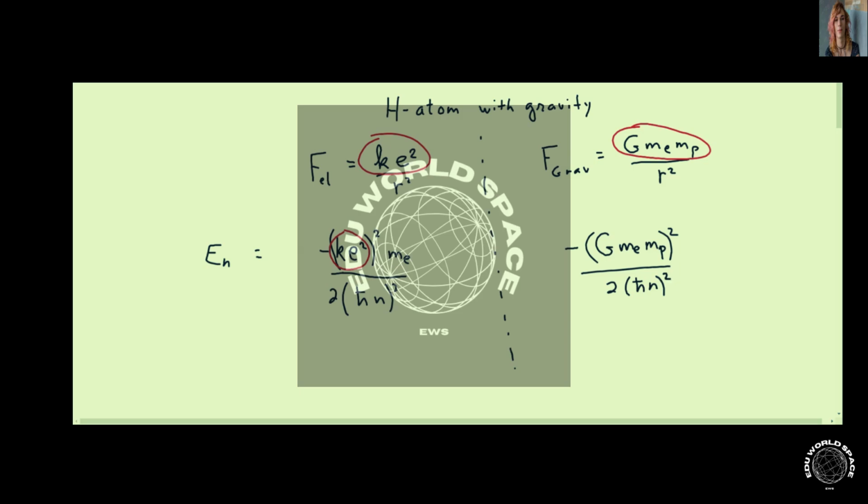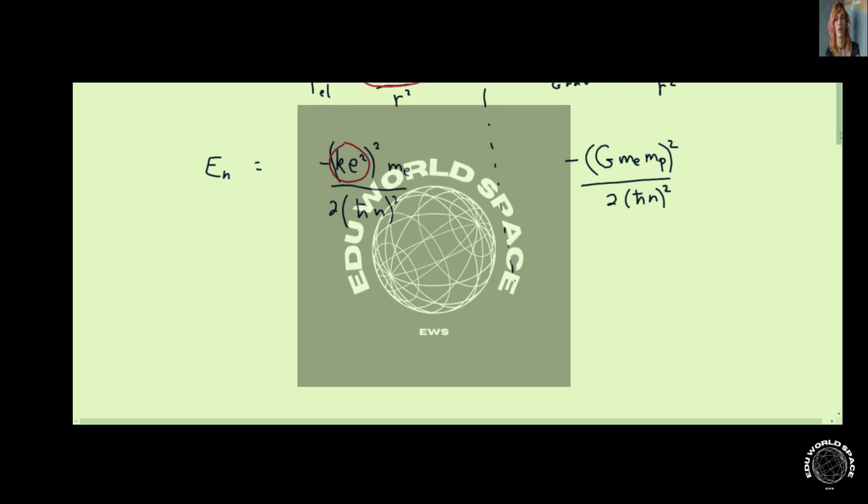And we can do a very simple relationship by knowing that the energy levels in the hydrogen atom go as minus 13.6 eV over n squared.